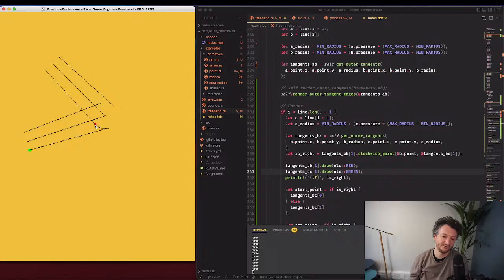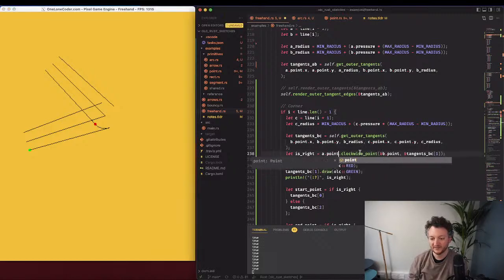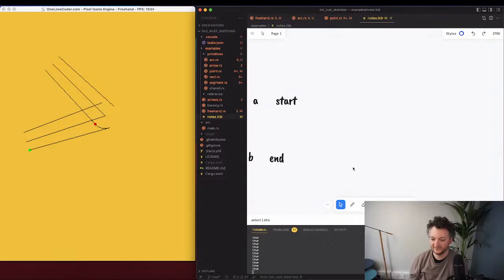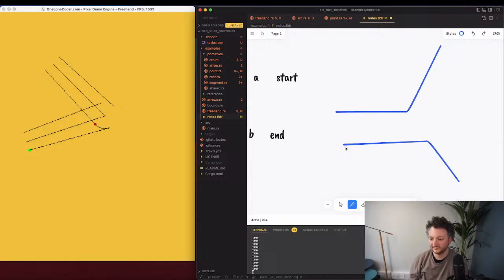Is there any way for me to know? Should I just be looking at B and C, or A and C relative to B? Let me see this. A dot point around B to C dot point. Right, because if I have 3 points, A, B, C, then these two are clockwise, and this way is counterclockwise?